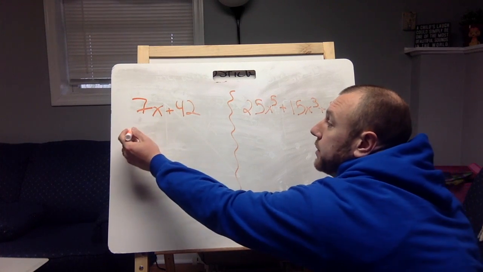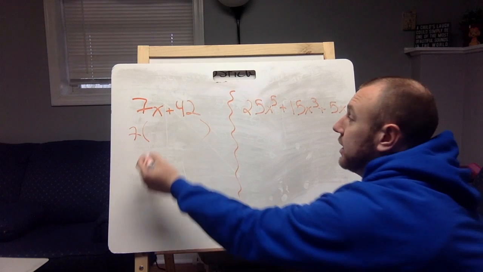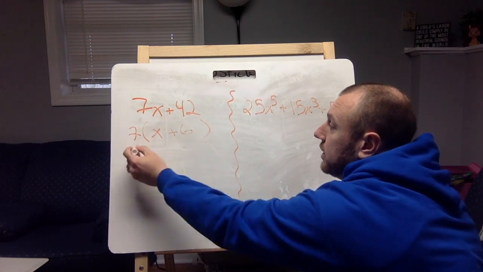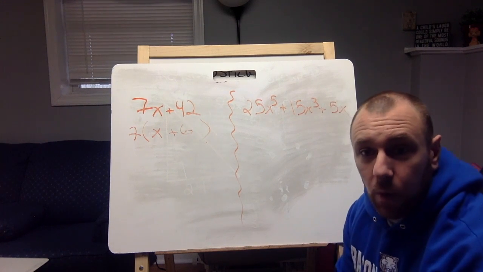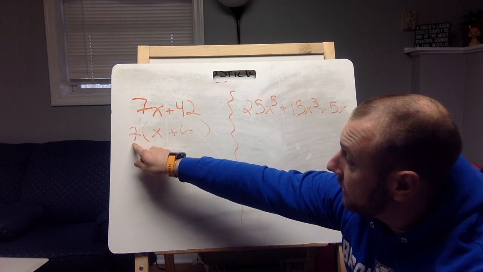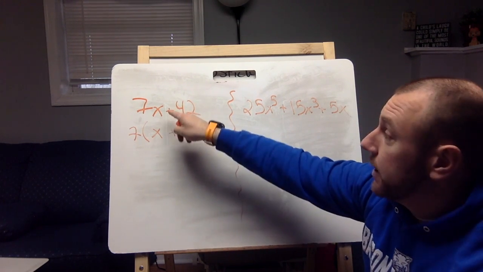So I'm going to put the 7 on the outside, and then inside the parentheses, I'm going to have x plus 6. That is what that factored out form looks like. If I distribute that back in, I get the same thing.